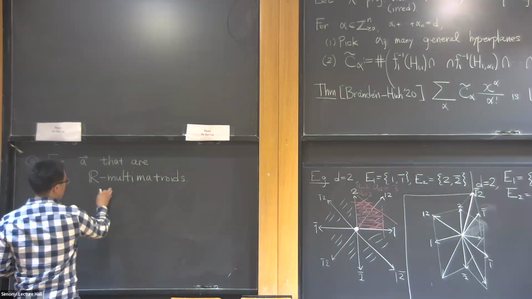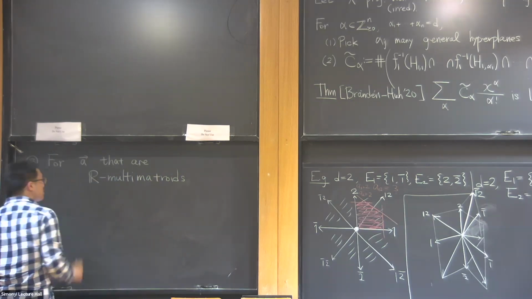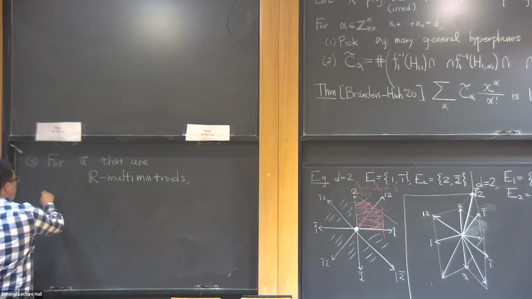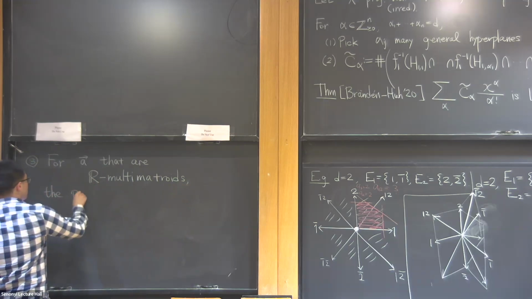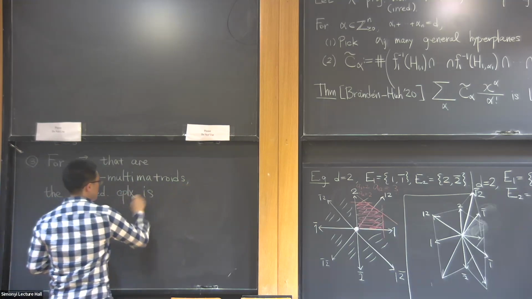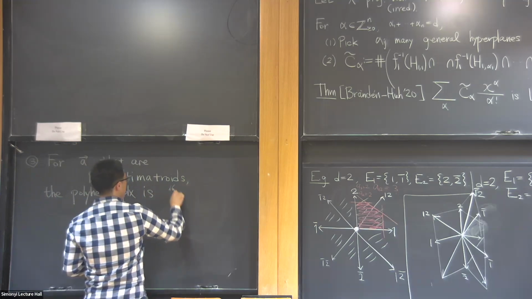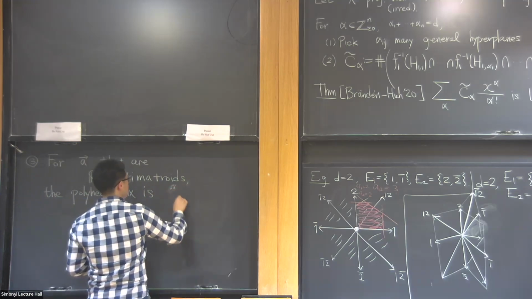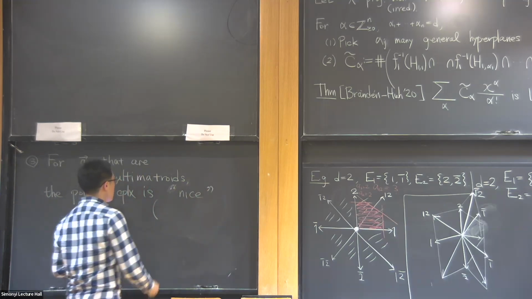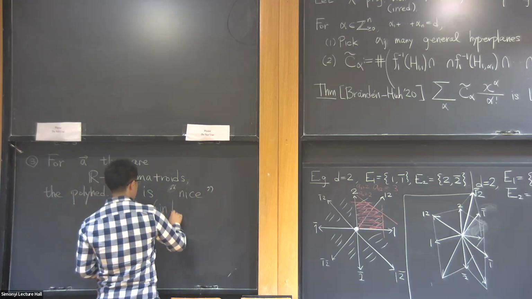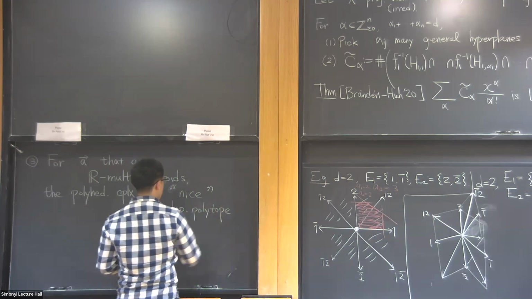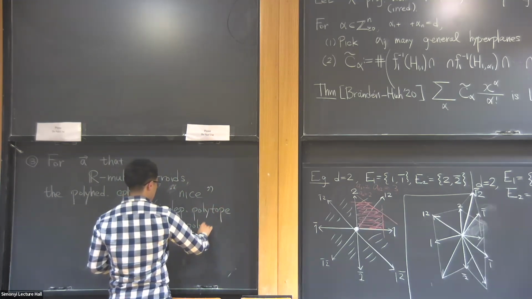So for A's, they are somewhat special. In other words, there are these matroidy objects. The associated polyhedral complexes are, let me just say, really nice. In fact, one way to say it is that you can think of this as what's called the independence polytope of polymatroids glued together.